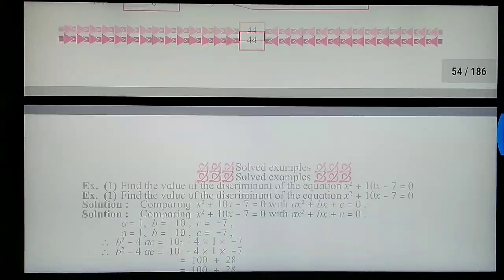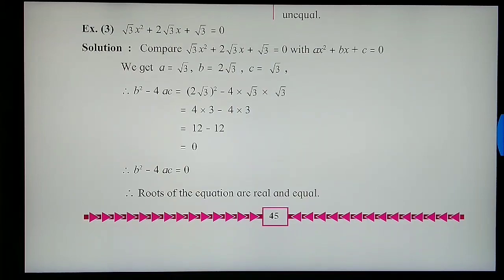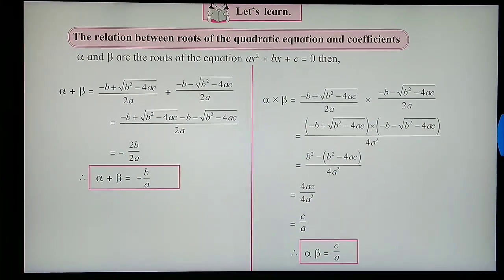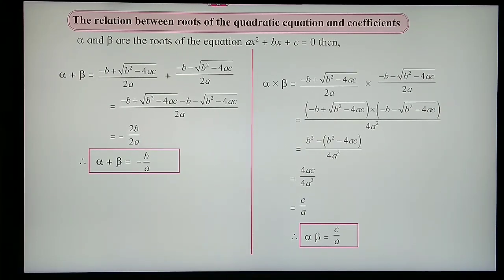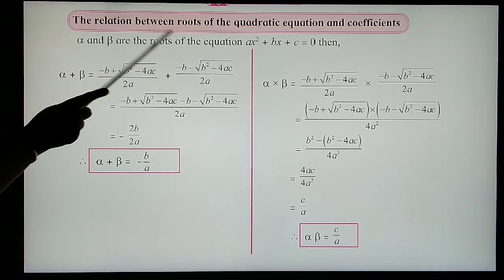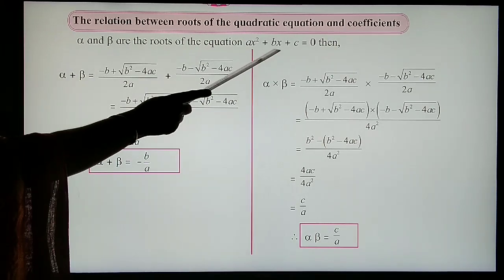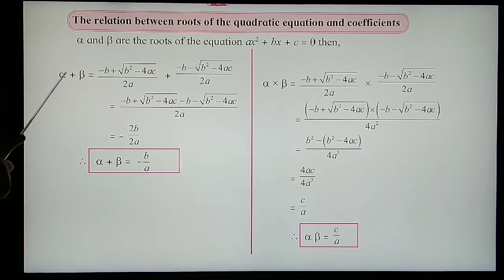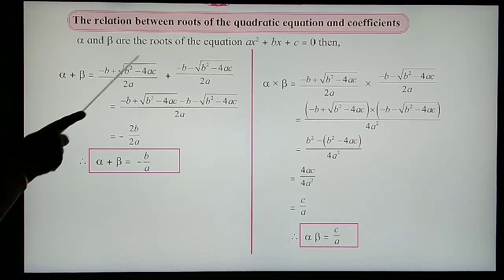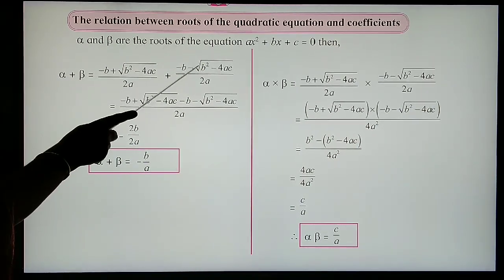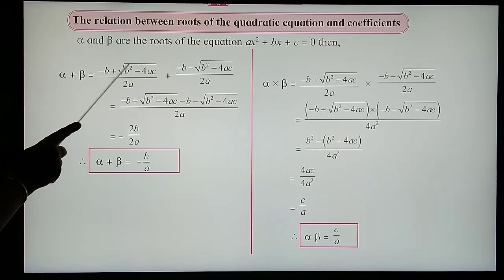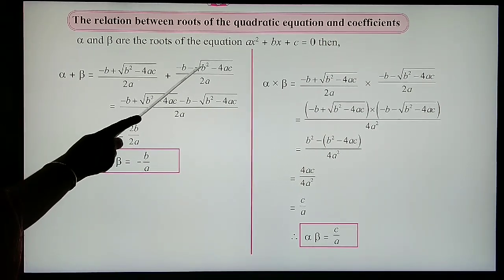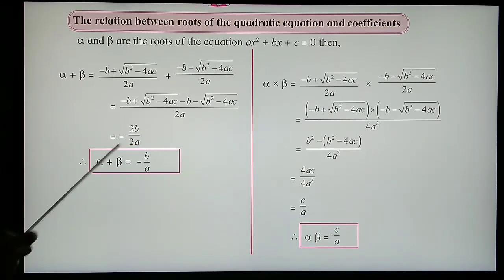Now we see the next part of this topic, that is, the relation between roots of the quadratic equation and coefficients. Alpha and beta are the roots of the equation ax square plus bx plus c equal to 0. Then alpha plus beta means we add the two roots: minus b plus under root b square minus 4ac upon 2a, plus minus b minus under root b square minus 4ac upon 2a.